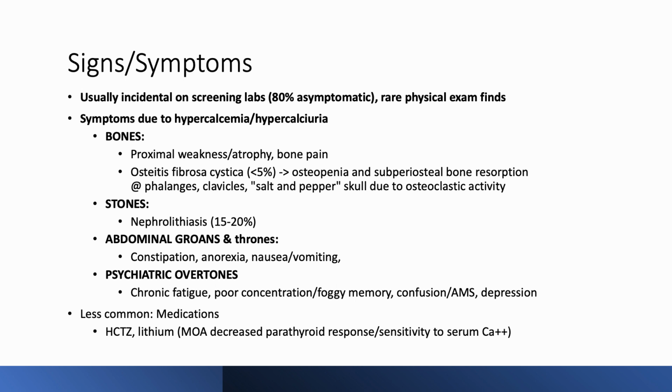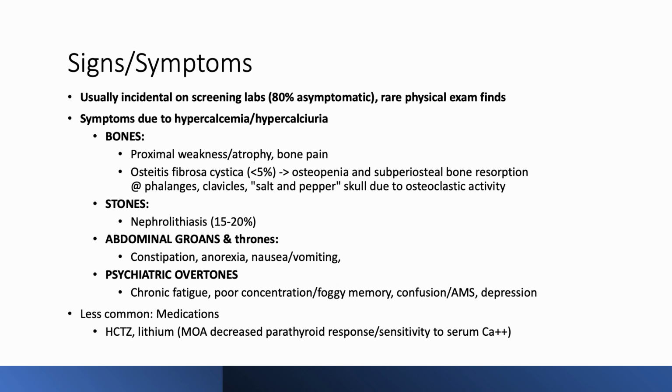And sometimes you'll see this classic appearance of the subperiosteal bone resorption in the phalanges and clavicles. It's called salt and pepper skull on a plain film of the skull, which I'm not sure why you'd order, but it's due to osteoclastic activity.